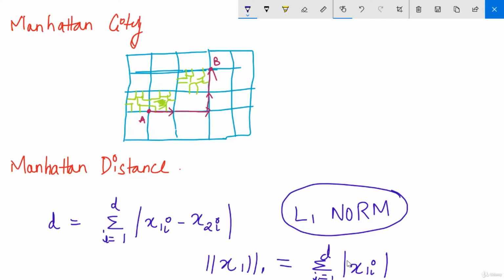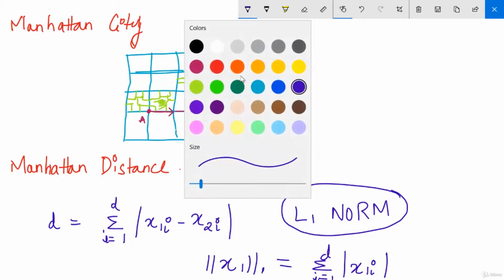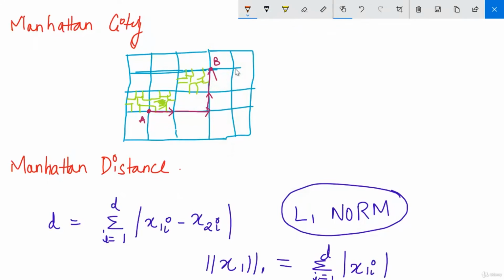Now guys, you must have noticed one thing regarding your Euclidean distance and Manhattan distance. There is a tricky part to remember. Let me write the Euclidean distance here.